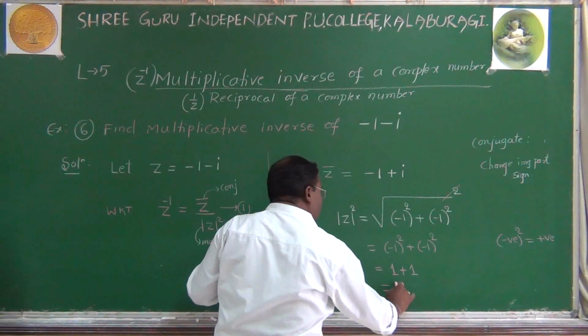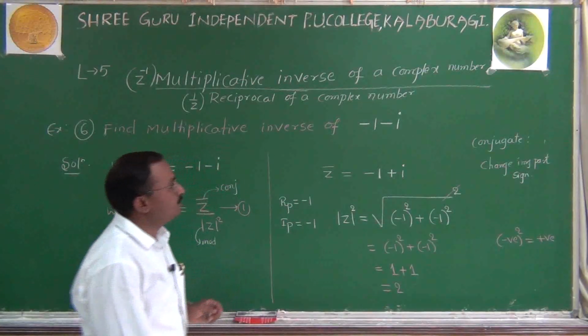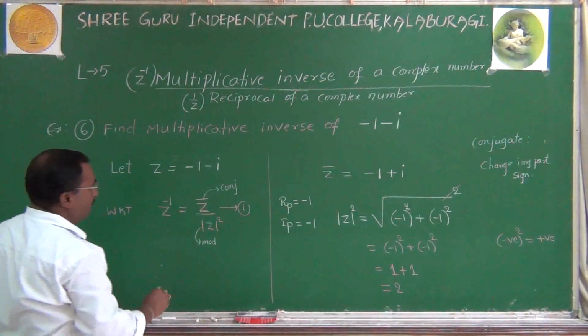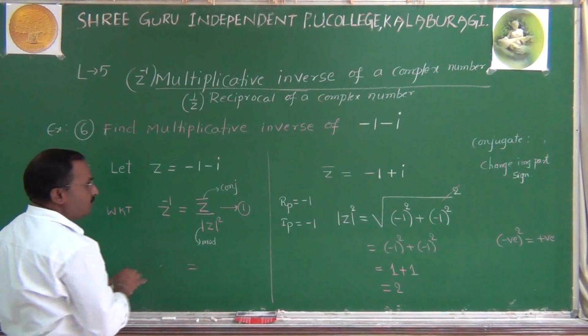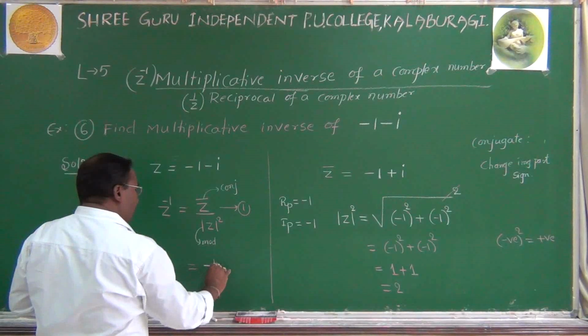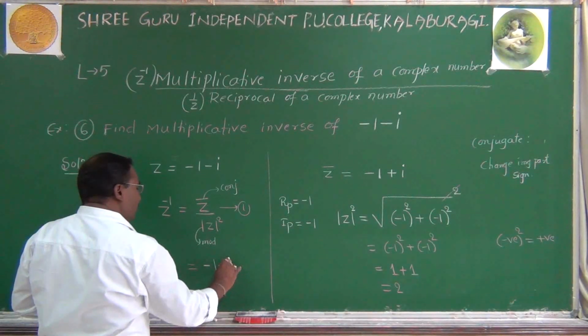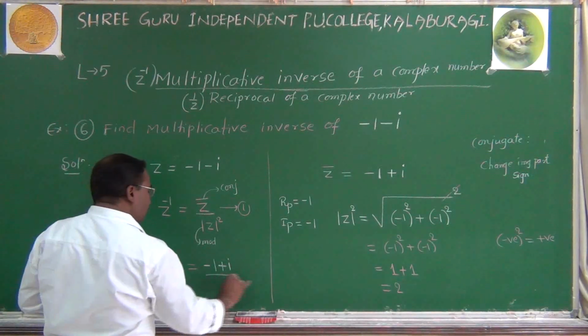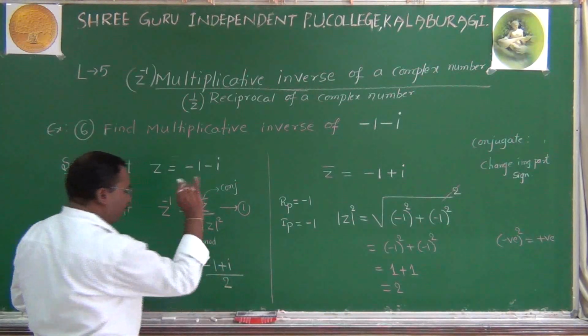1 plus 1 is 2. Substitute z bar at modulus of z whole square. That is z bar, real part as it is, change the sign of the imaginary part, minus 1 plus i, divided by 2.